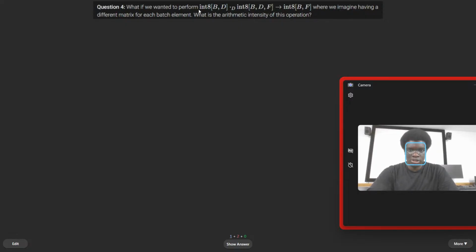So the number of flops is the same as for a normal int8 matmul, but because this tensor is much bigger, you're going to have more reads and writes.